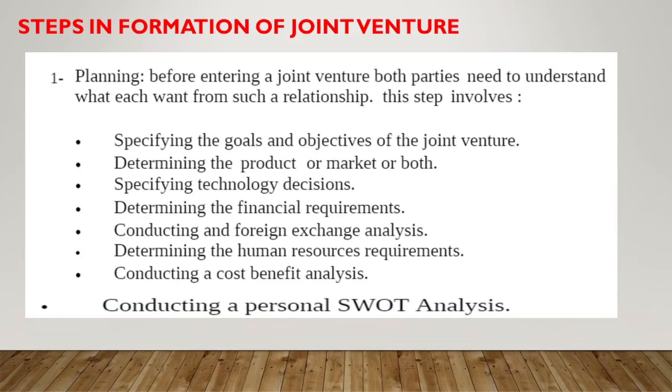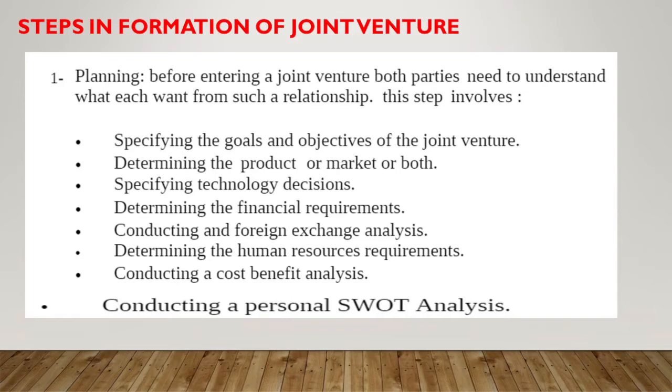Later we have to find the product to be sold or service, or the market in which area we would like to cover, technology decisions, financial requirements, any foreign exchange related issues, recruitment of labor or workforce, CBA, cost benefit analysis, as well as a SWOT analysis.